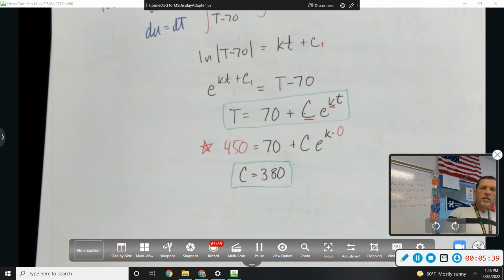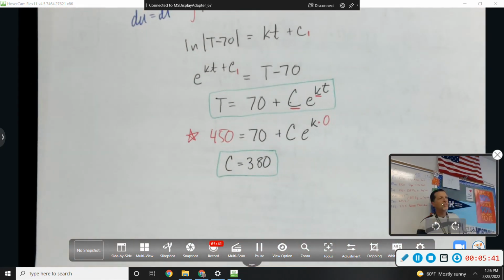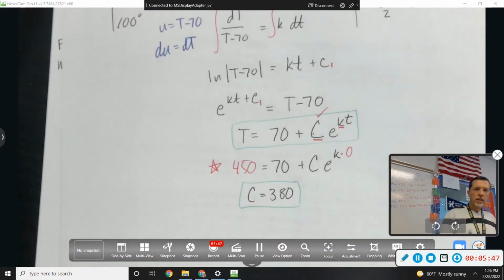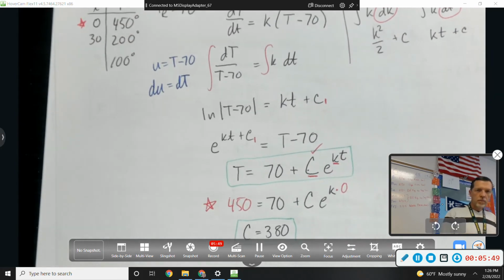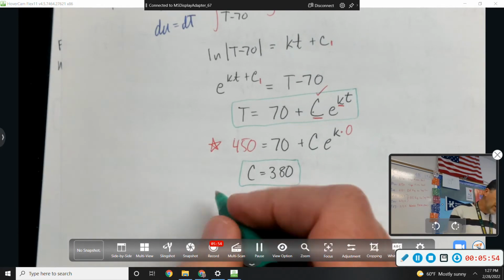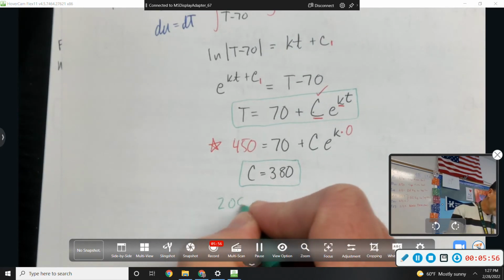I'm going to sort of box my answers in parts here. So got the formula, now I'm going to find the pieces. I know C. Alright, let's back up and use that other point. 30 minutes later, the temperature is 200.